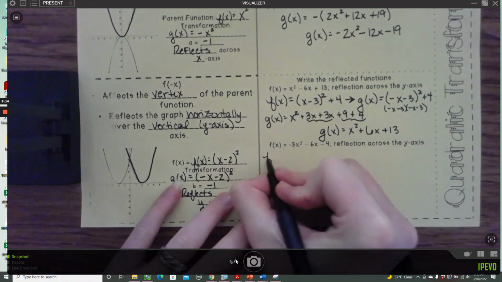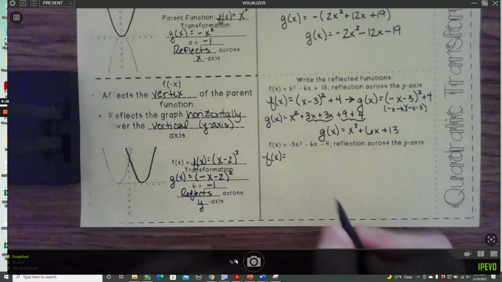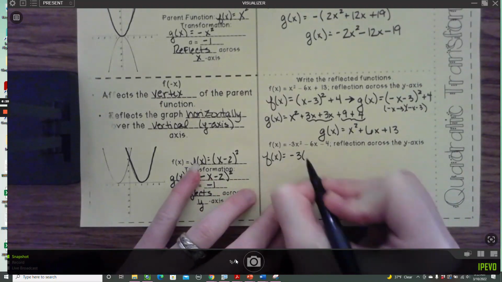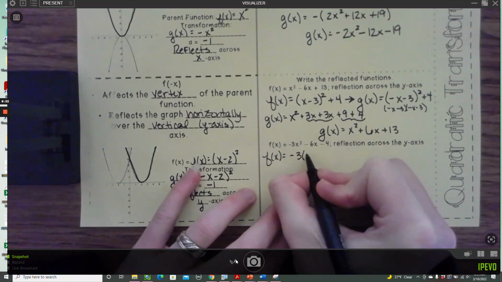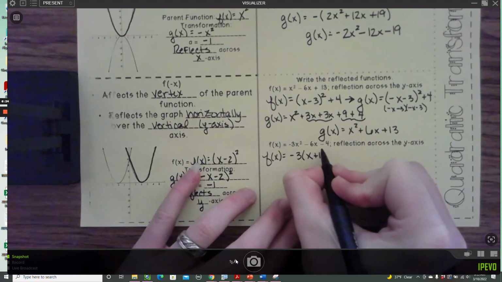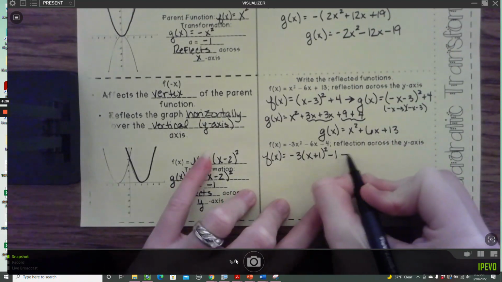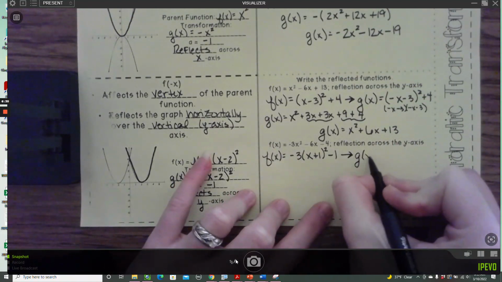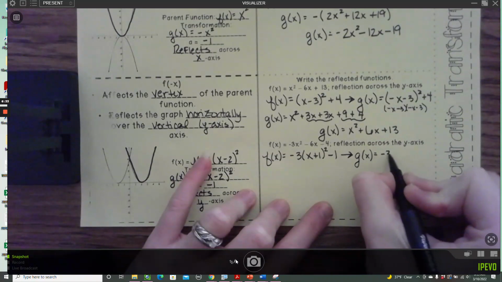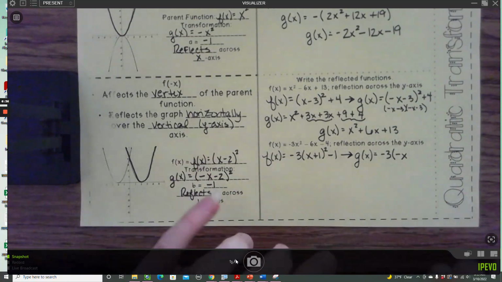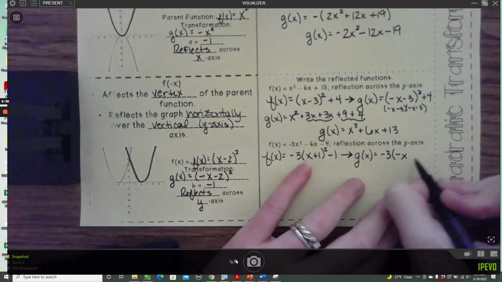So again, you do need it in vertex form. So you do need to be able to put a function in vertex form. So this one in vertex form is negative 3 times x plus 1 squared minus 1. Okay, so g of x, we still have this negative 3 out front, but now I have a negative x inside those parentheses.